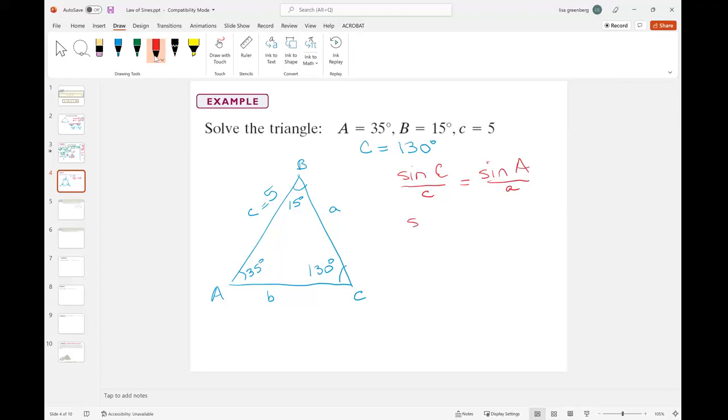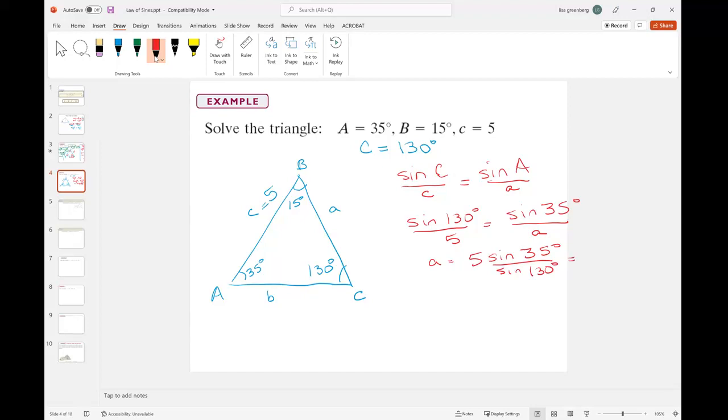So again, I get the sine of 130 degrees over 5 is equal to the sine of 35 degrees over A. Solving for A, I get 5 sine of 35 degrees divided by the sine of 130 degrees.